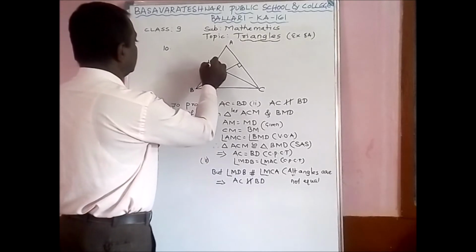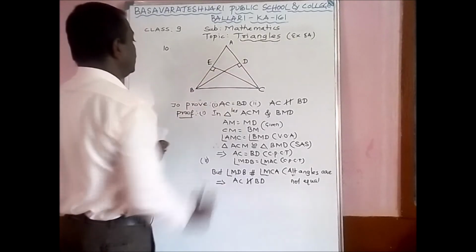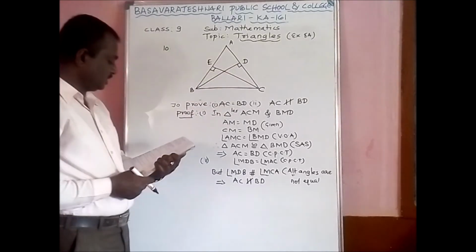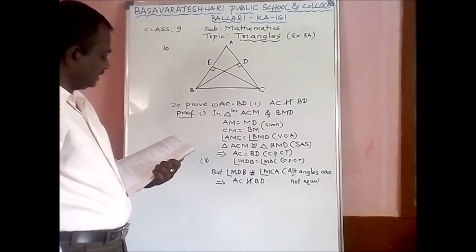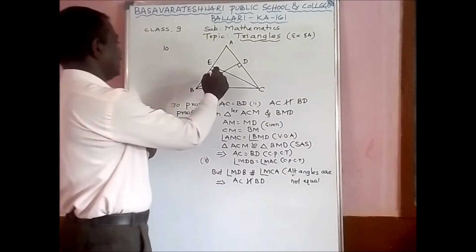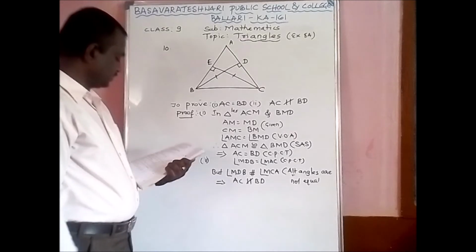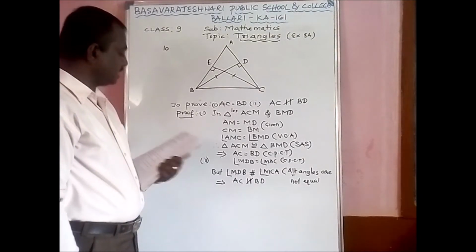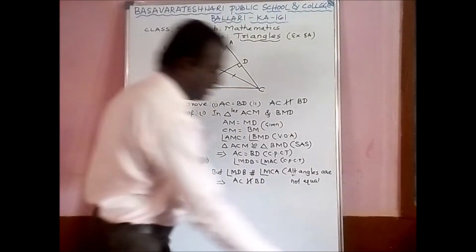Altitudes E and this is D. So BD and EC are altitudes. If two altitudes of a triangle are equal, prove that it is an isosceles triangle.